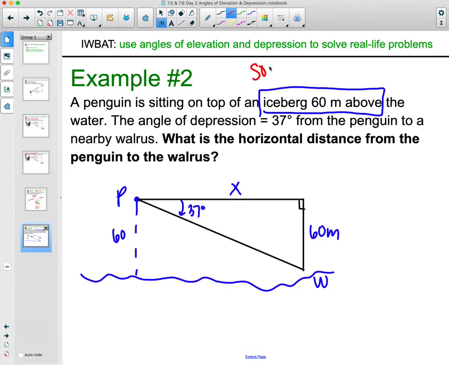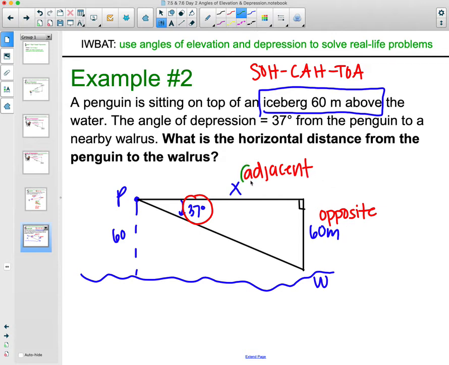So now we're ready to decide what function we need to use. So we have SOHCAHTOA. The angle is the 37. Directly across from that is the opposite side, which is the 60. Across from the 90 is the hypotenuse that doesn't have anything on it. And next to the angle is the adjacent, which is the side that we are trying to find.